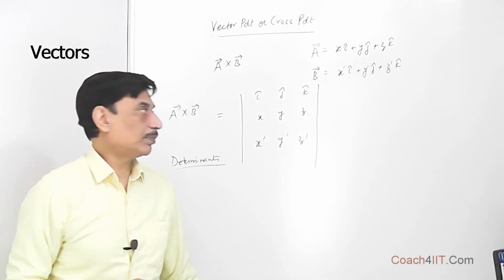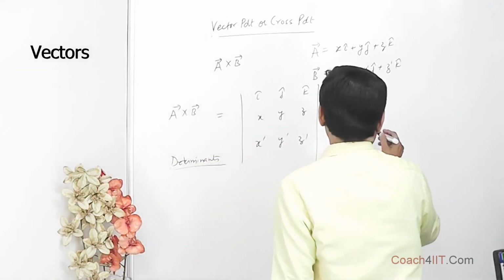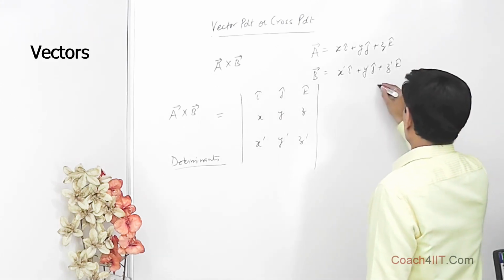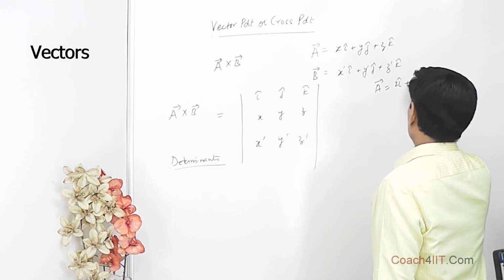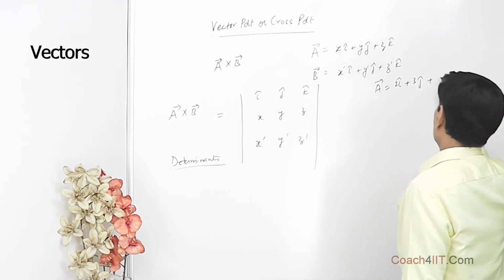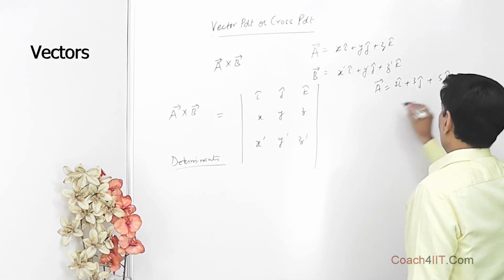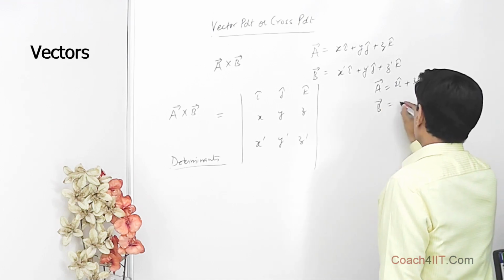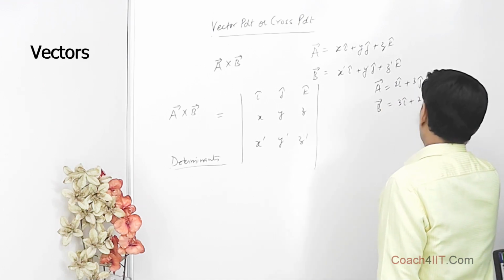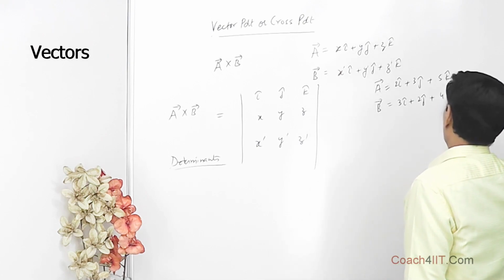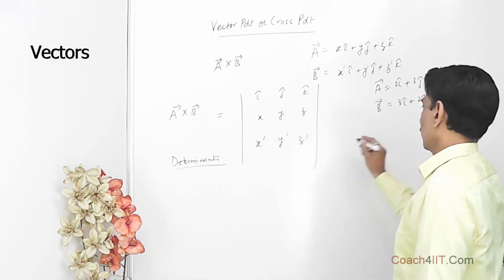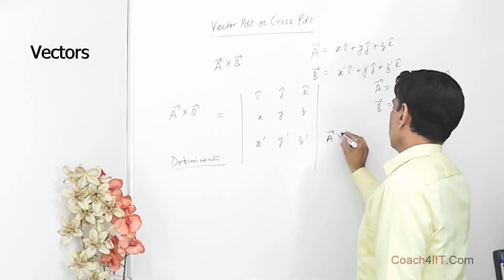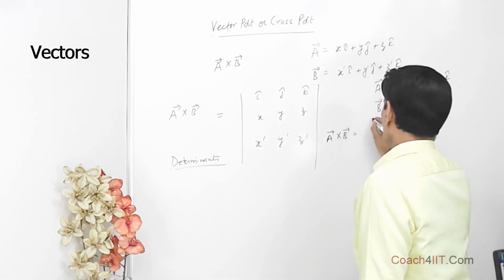Let's take one example. Suppose over here we have A vector as 2i cap plus 3j cap plus 5k cap, and vector B is 3i cap plus 2j cap plus 4k cap. Suppose these are two vectors. So how can we use this? A cross B is going to be a determinant.